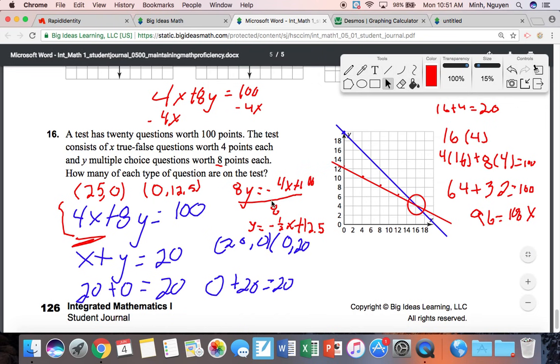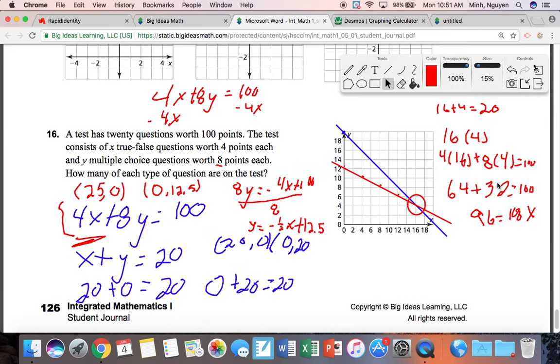So these two are correct. 4 divided by 8 is negative 1/2. 12.5. Maybe my line is just a little off by drawing it. Let's see, 4 times 16, and then 8 times 4. Yeah, that's not good. It's very close, but it's not quite right.